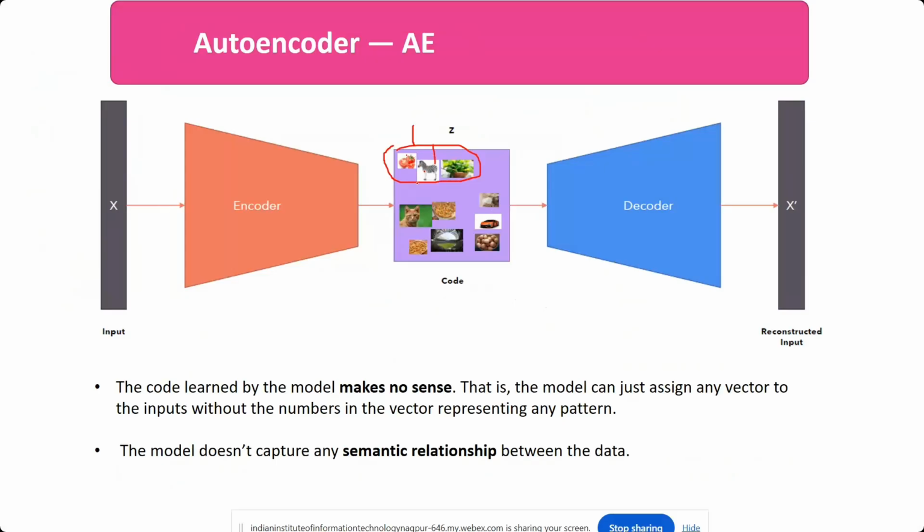No semantic meaning is captured from the image. So the code learned by the model makes no sense. The model can just assign any vector to the inputs without the numbers in the vector representing any pattern. So you are not learning any pattern, just assigning random numbers. The model does not capture any semantic relationship between the data. So this is what your autoencoder is.